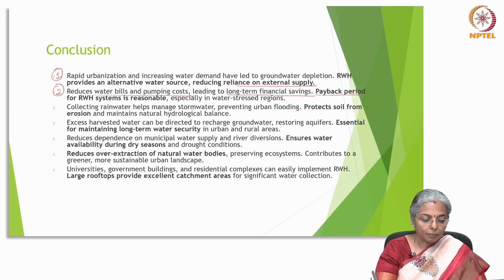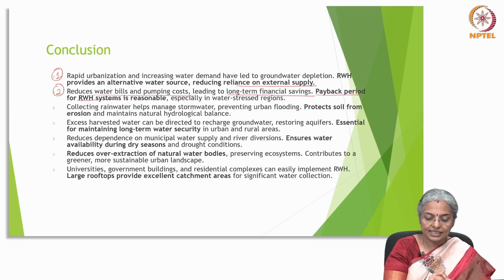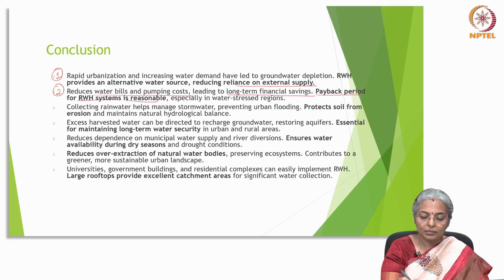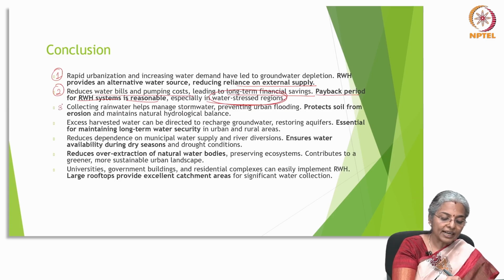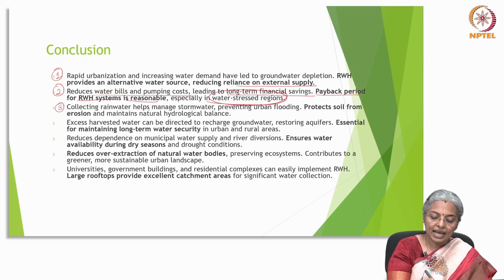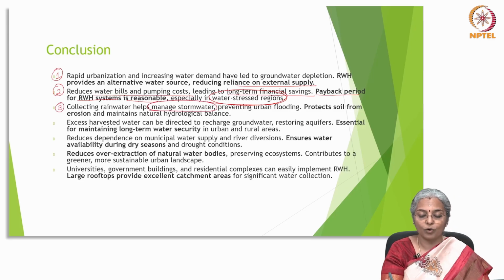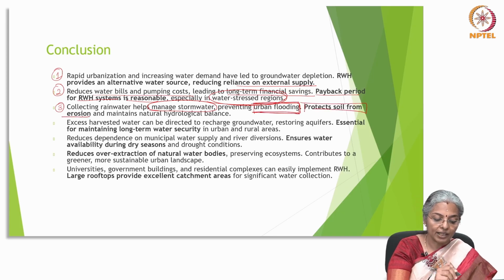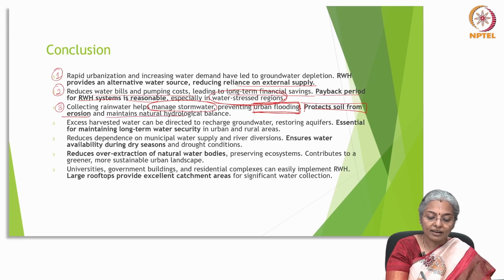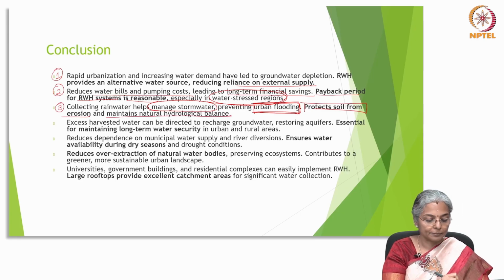So, the payback period for a rainwater harvesting system can be reasonable, especially if we are looking at water stressed regions. Also, collecting this rainwater can help us to manage the storm water, therefore preventing urban flooding, very important, and it can protect our soil from getting eroded and maintain a hydrological balance.